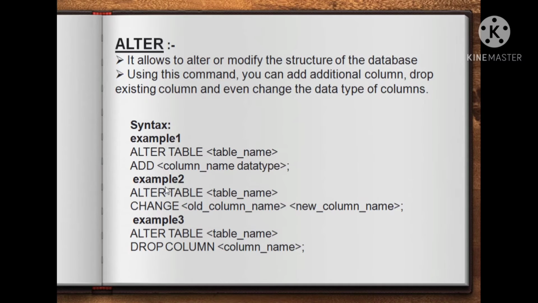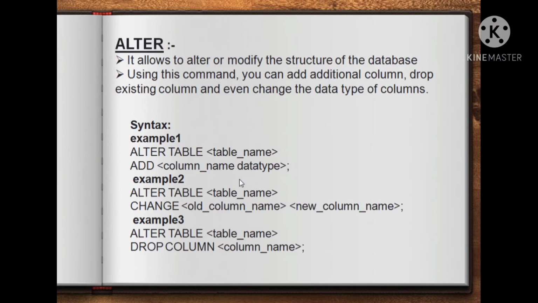That is the syntax for example 1. Example 2: alter table, table name, change old column name and new column name. Example 3: alter table name, drop column name. You drop the column and then create a new column for the table.